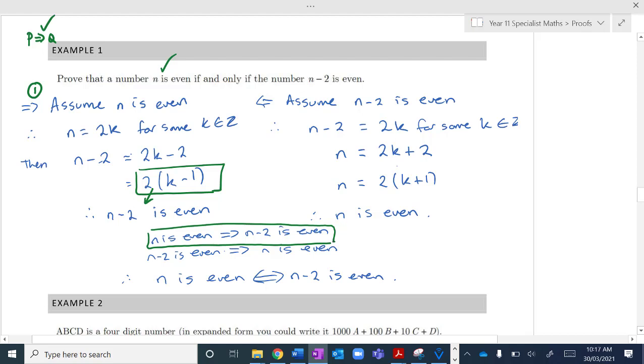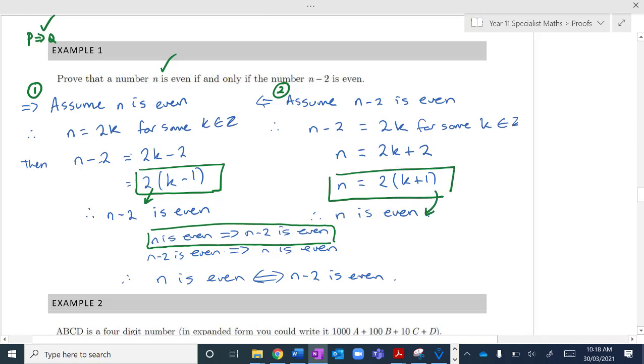Likewise, though, we've got to do step 2, don't we? We've got to go the other way. We're assuming that n minus 2 is even. Let's show that n is even. As you can see, if I have n minus 2, we're assuming that's even. If I then add 2 to both sides, look at that, that happens to also be even.